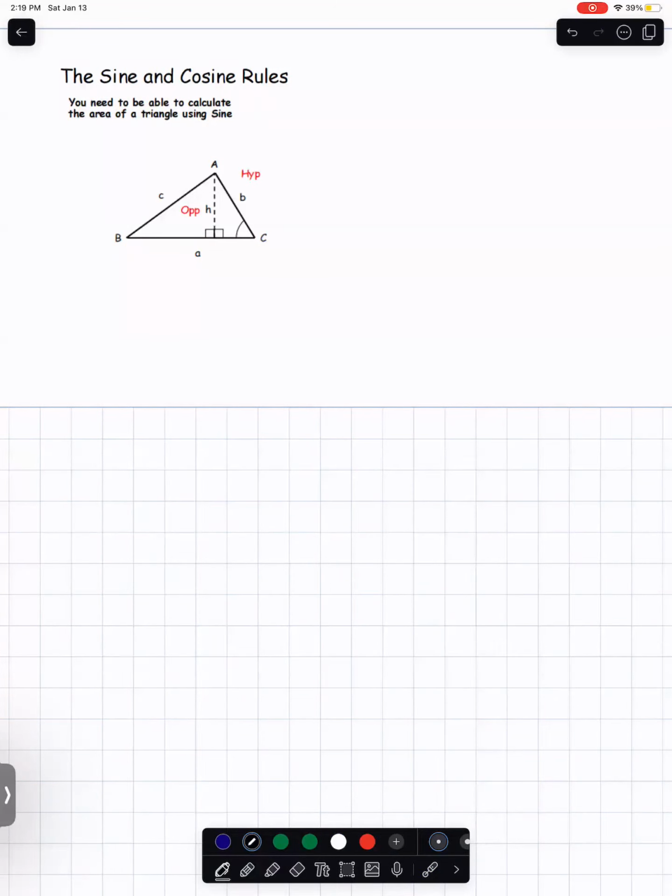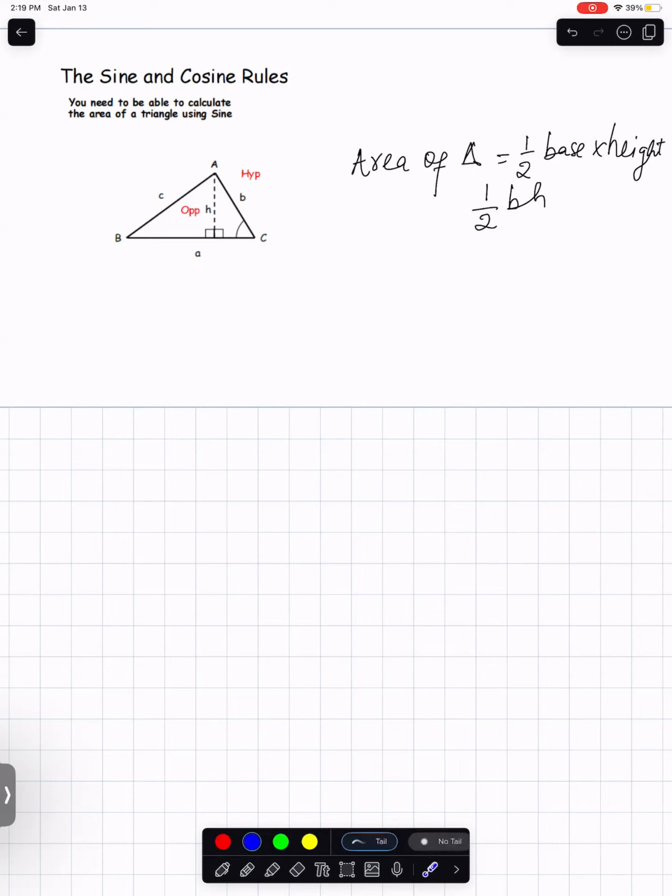You're already familiar with the area of a triangle as half times base times the height, or half BH. So this side is our base, and this is the height of the given triangle. So the base in this question is A. So we have to look for the height of this. So how do we get the height?